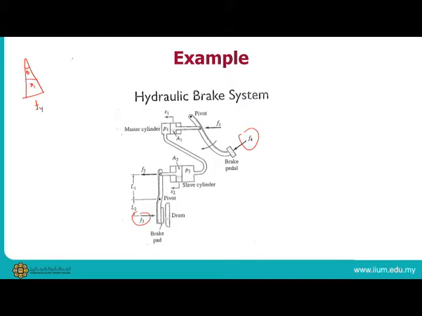From here you can see, let's assume the distance from here to here is y, and the distance from here to here is r.